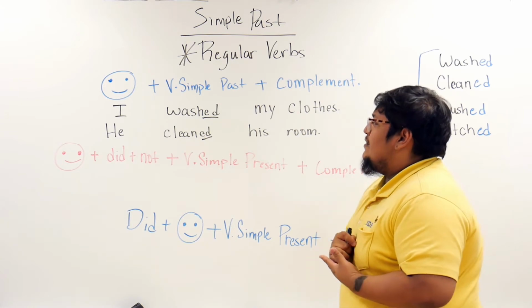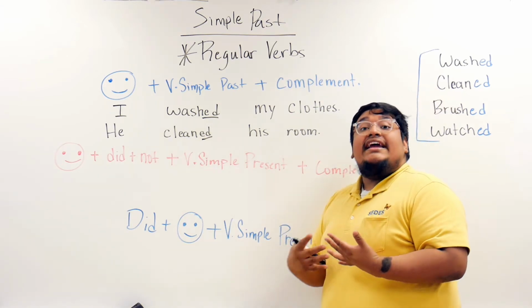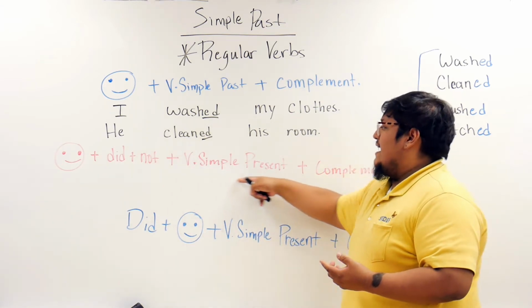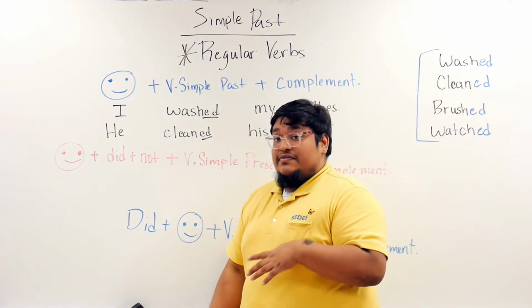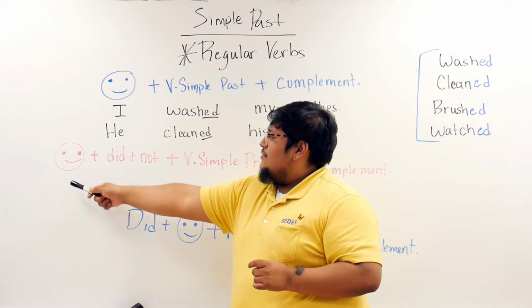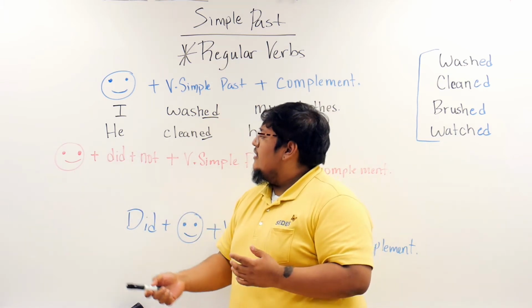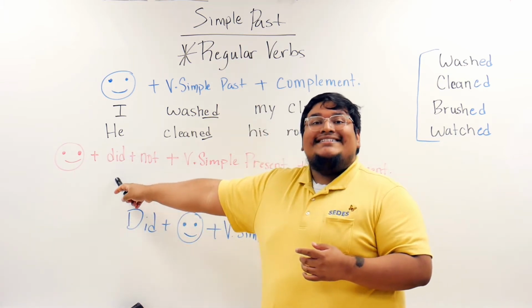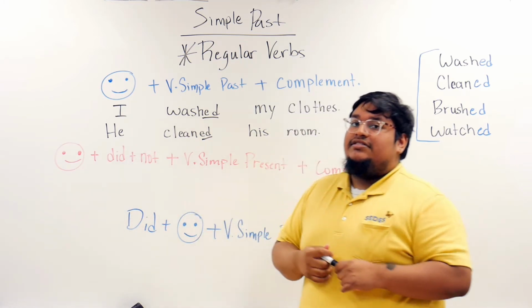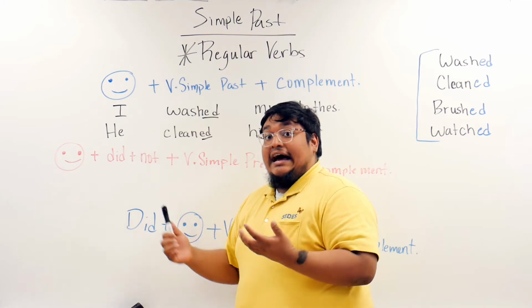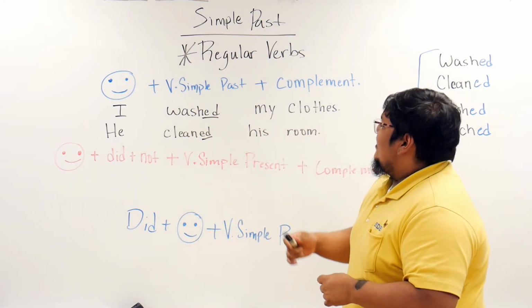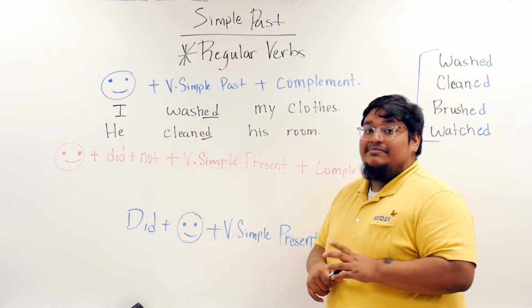Now, what happens to your verb, or what changes when we have to do a negative sentence? Well, let's look at the formula first before we start anything. We need the subject, okay? We need the auxiliary word, did. Why do we need the auxiliary word? So that we can introduce the negation, which is not, okay? And here's the big difference, okay?